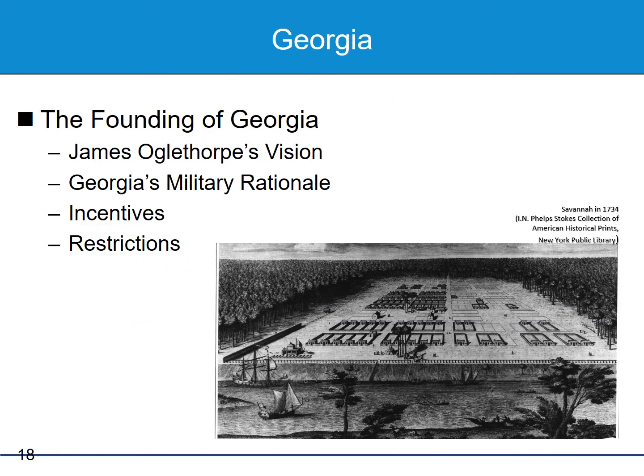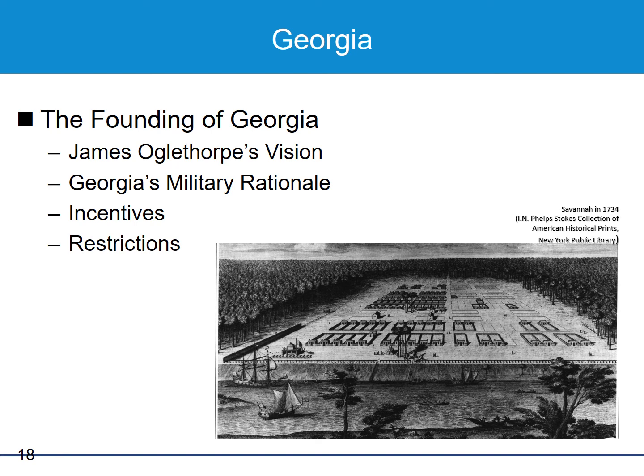The last of the 13 original English colonies was Georgia. Georgia was not established until 1732, about 50 years after the founding of Pennsylvania. And it was founded for a couple of different reasons.